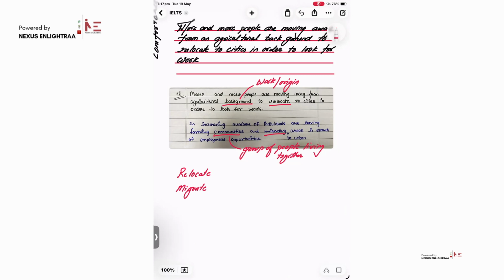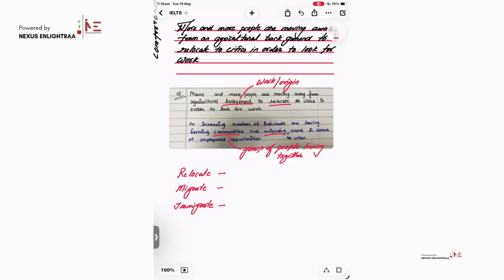So, what would be the difference between relocate, migrate, and immigrate? Can I explain it by using an example?